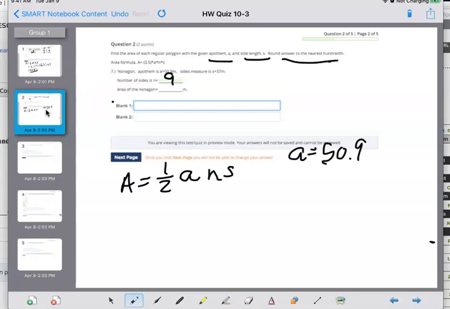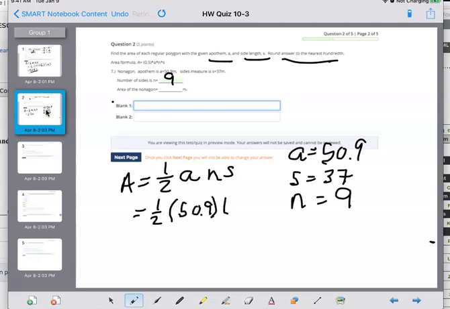My side length, they tell me here, is 37. Now this is all in meters. And my number of sides, remember, is 9 because it's a nonagon. I organize all this information in my equation, and I put it in my calculator.